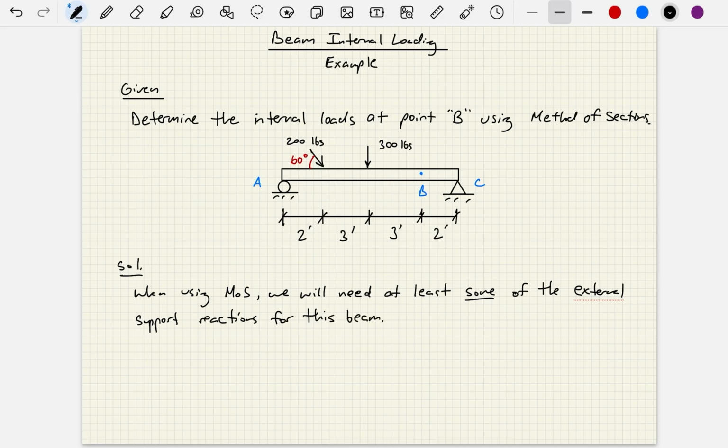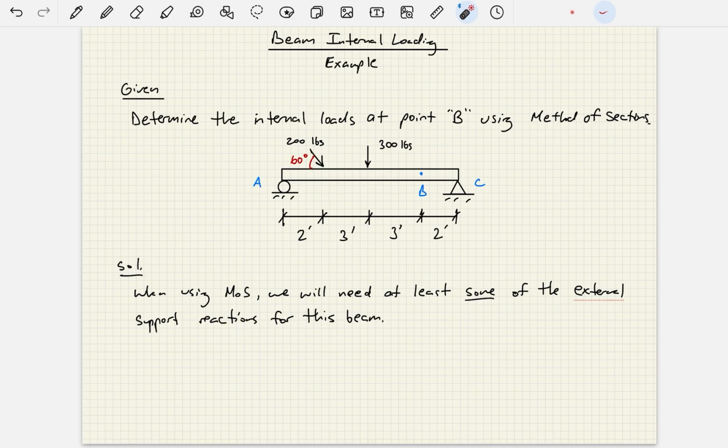And again, why is that? Well, remember, you pass the cut through the point of interest. That'll be point B. And then you look at a free body diagram of either what's to the left or the right of B, okay?